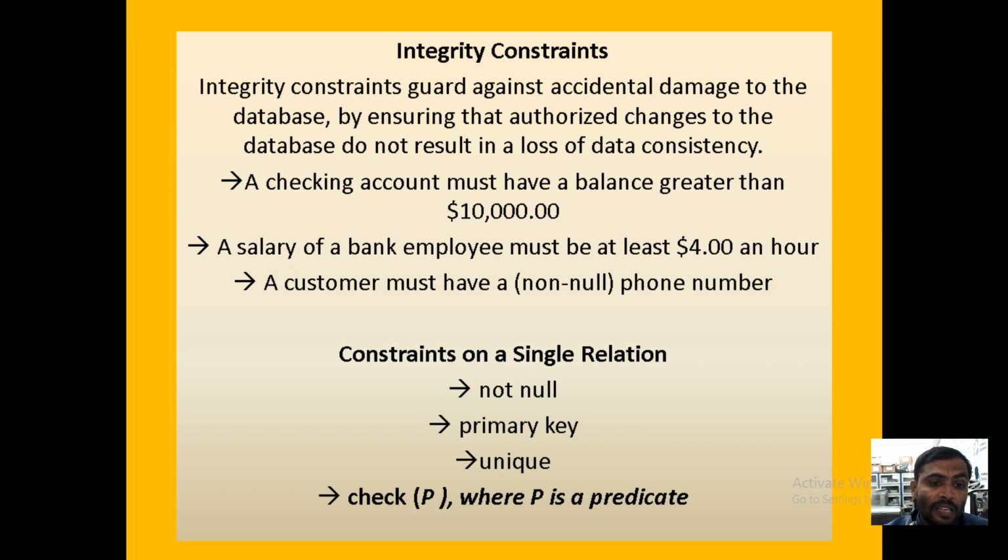That condition should be executed. If your account has a lesser amount, the condition should be raised. Here we check that the balance is greater than 10,000, meaning the minimum balance in my account should be 10,000. Always it will check the condition.